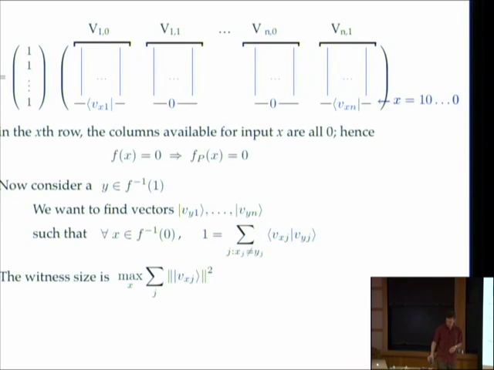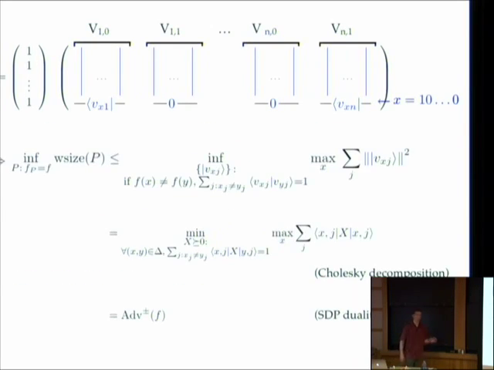Yes, but actually, it's true both for the size and for the witness size that you can convert an arbitrary span program into this canonical form, and it doesn't change the size, and it also doesn't change the witness size. Well, it can decrease the witness size. It can't increase it. I'm not going to prove that. It's true though.